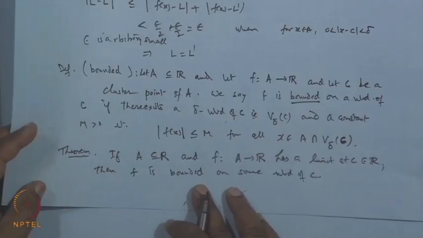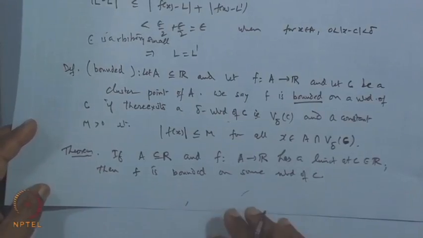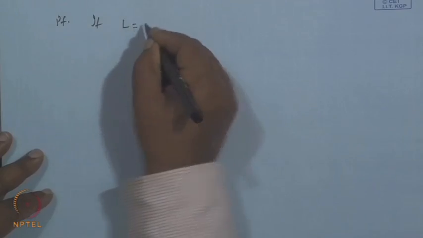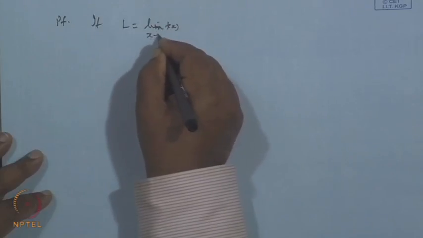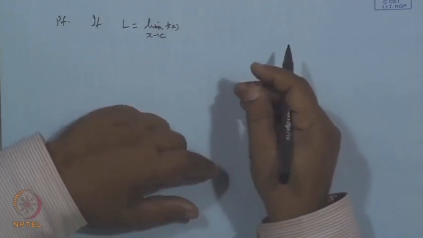If the limit of the function f exists, then f must be bounded in some neighborhood of C. Suppose L is the limit of f(x) when x tends to C, this is given.